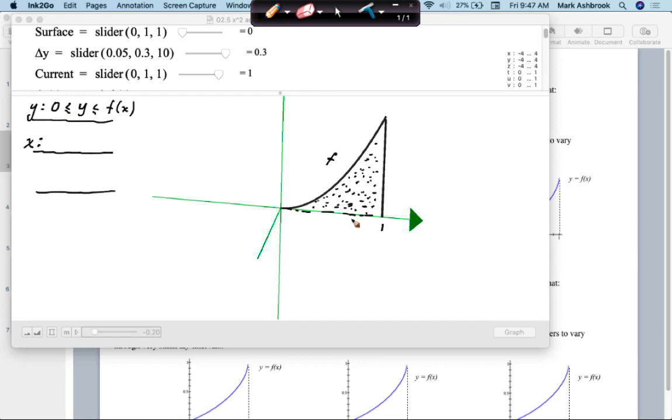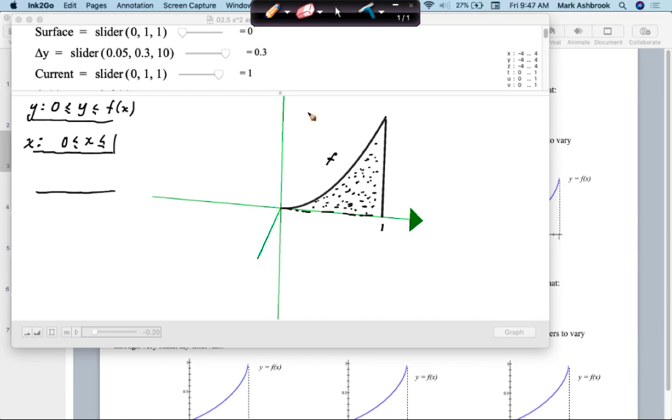What about x? 0 to 1, right? 0 to 1. With also this, right? So as long as we have this as well, we won't get every x value from 0 to 1, just the ones that are in that y range. So we can go 0 less than or equal to x. So when you put those two together, you get all those points inside that region.